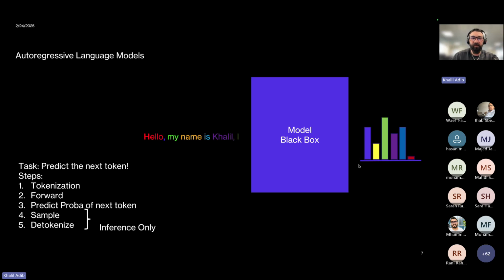We sample from this probability distribution, and we choose the best one, and then we detokenize it, which means we convert the ID of the token to the actual word representation that a human can understand. Now, this only happens at inference time. At training time, we just tokenize, feed forward, predict the probability of the next token, and then compute the loss, and then we repeat it again.